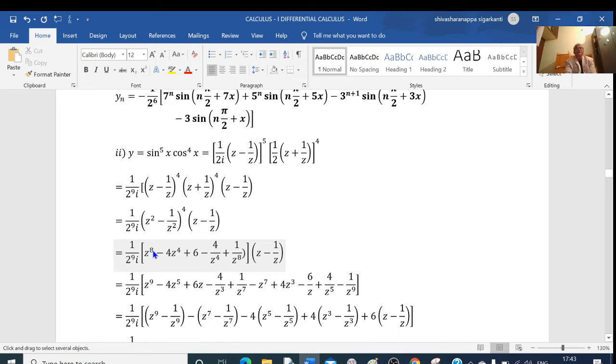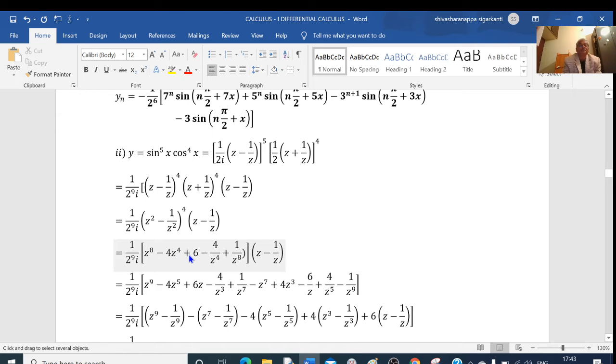As b is negative, I am getting alternating negative and positive signs. Next term is 4C1, which is 4 into z square to the power of 3, that is z to the power of 6, into 1 by z square, that is z to the power of 4.